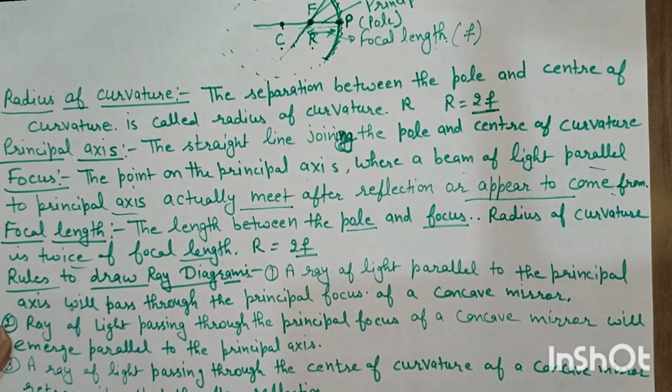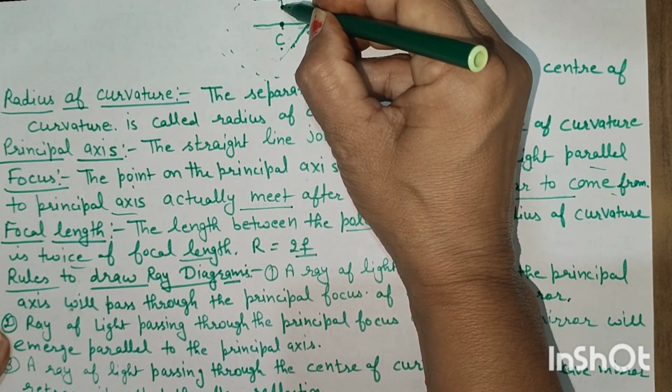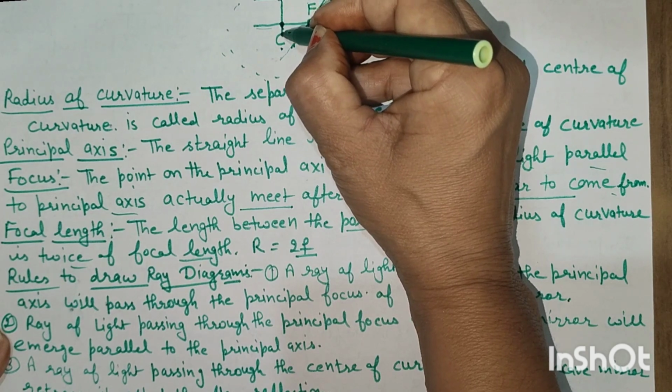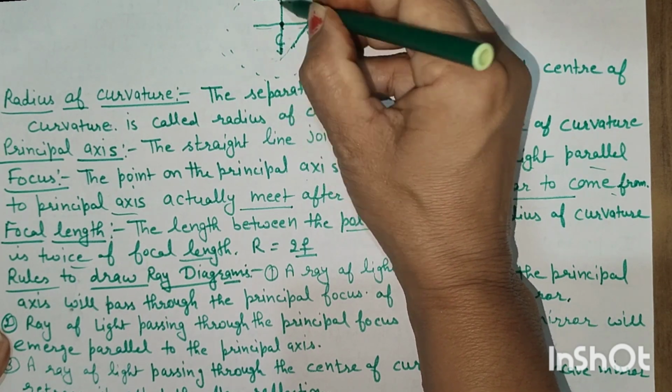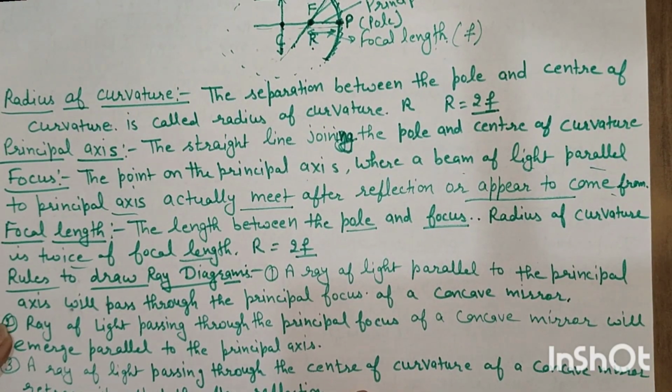Now the third is a ray of light passing through the center of curvature of a concave mirror retraces its path after reflection. If a ray of light passes through the center of curvature, then it will retrace its path in the same medium. So these are the three rules.